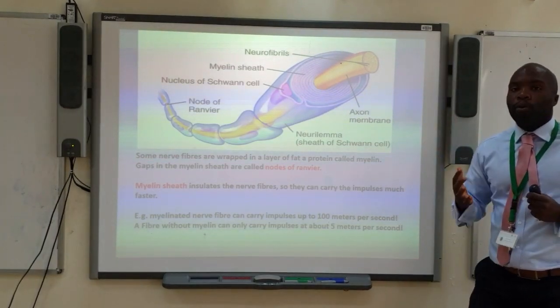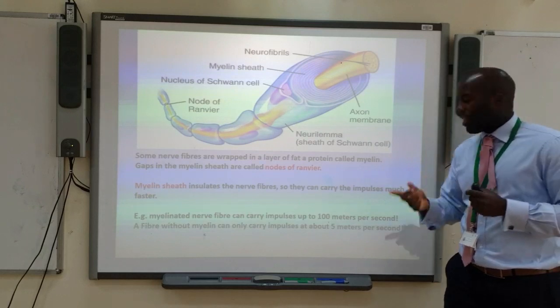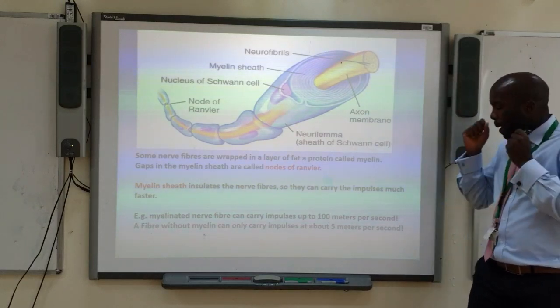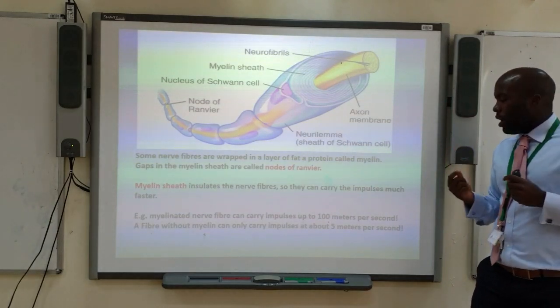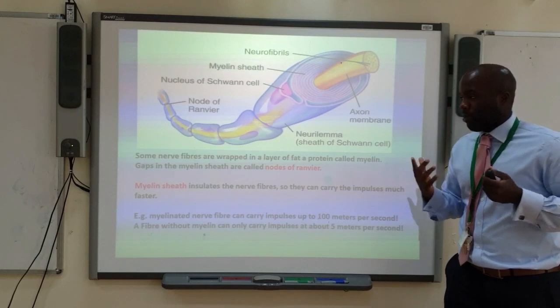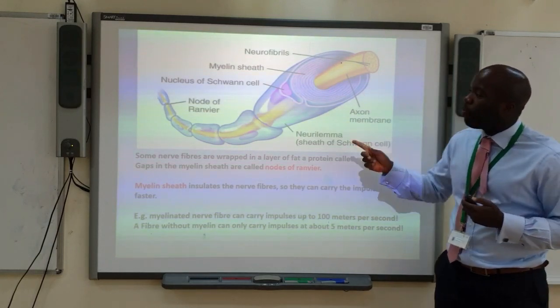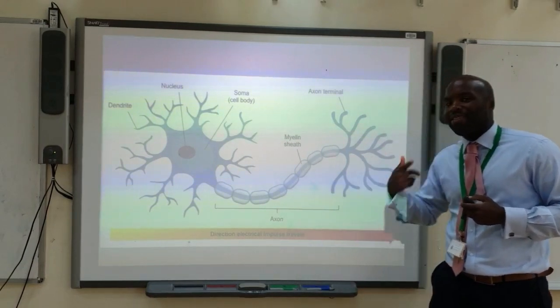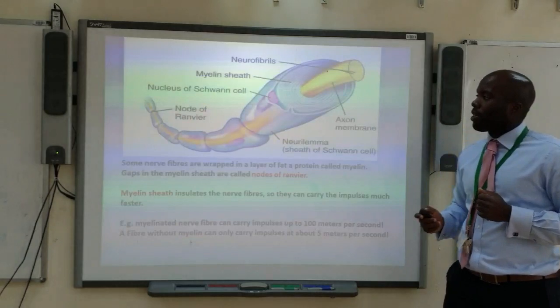For example, a myelinated neuron could transmit impulses as fast as 100 meters per second. A non-myelinated neuron could transmit impulses as fast as 5 meters per second. So there is a big difference, guys, and that's why our neurons are wrapped in these myelin sheaths. It speeds up the electrical impulses.